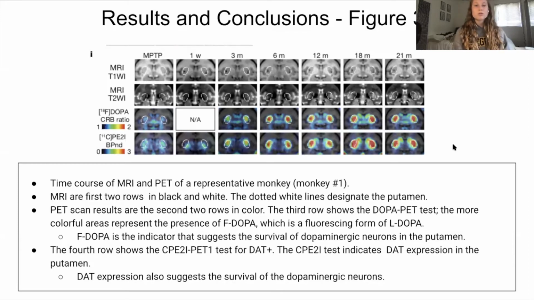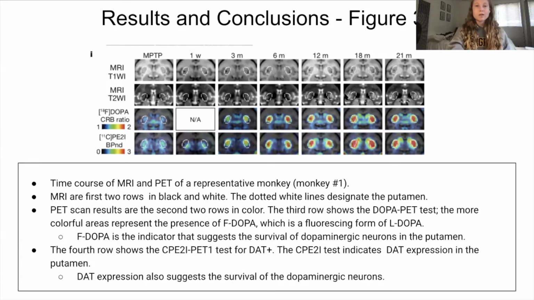Since DAT and F-DOPA are separate chemicals, if we screen for both and they both suggest the survival of dopaminergic neurons, that's twice the proof, and that's better for this experiment.